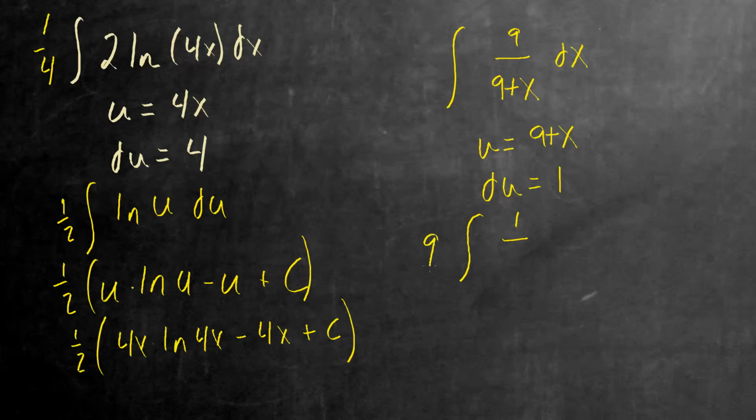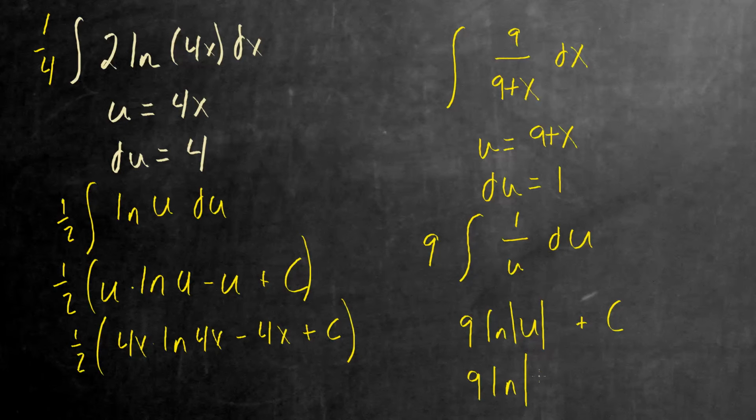I'm going to put that 9 here. 9 times 1 still gives me that 9 over u du. There's our special one. The integral of 1 over u is the natural log of u plus c. So 9 natural log of 9 plus x plus c.